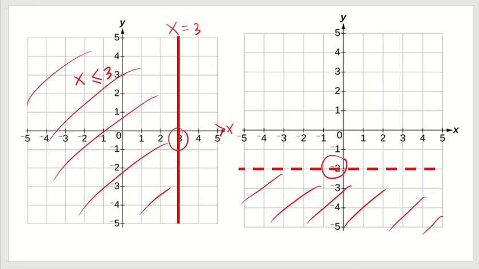Then the line cuts the y-axis. So this equation is y equal to negative 2. Then this inequality is y less than negative 2. It cannot be less or equal because this is a dotted line. Okay, good. Then we continue.